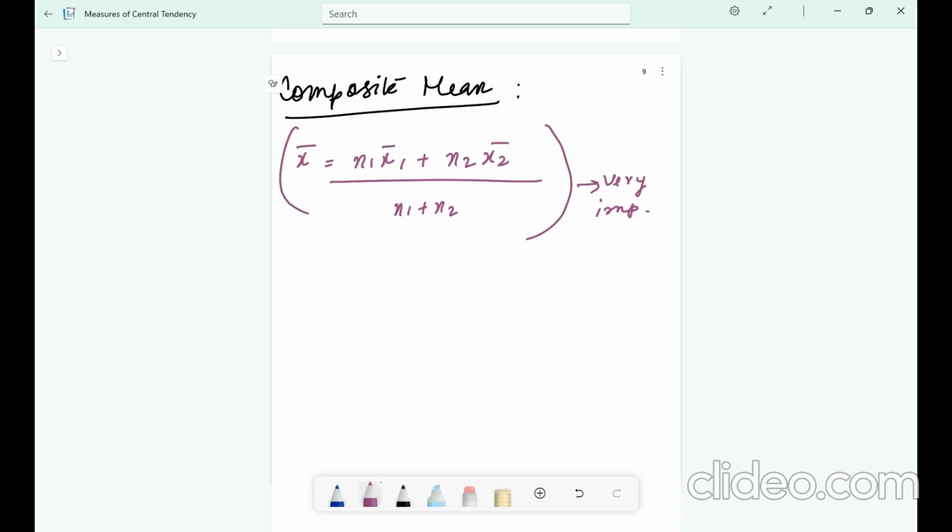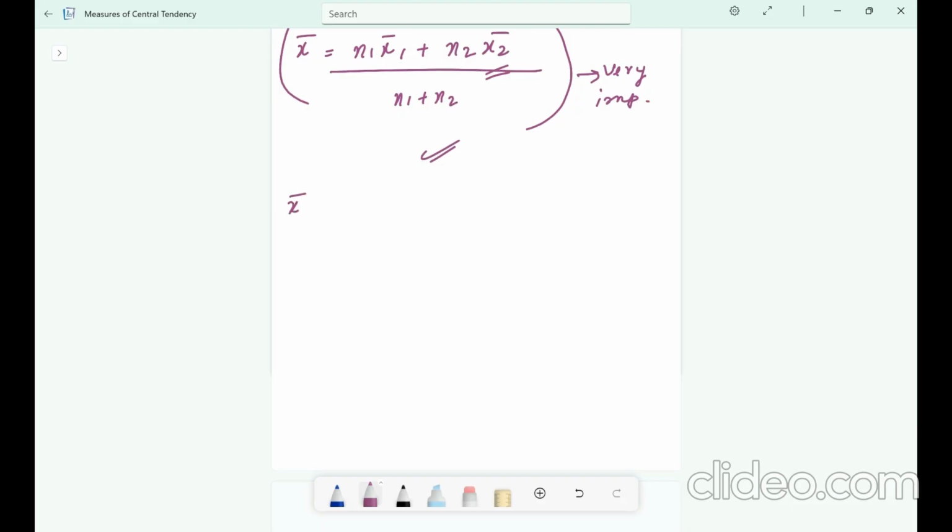If a group of n1 observations has AM x1 bar and another group of n2 observations has AM x2 bar, then the mean of the composite group, the groups taken together, is given by this formula. This is the composite mean. This x bar is also called the grand mean when we take all the observations together.